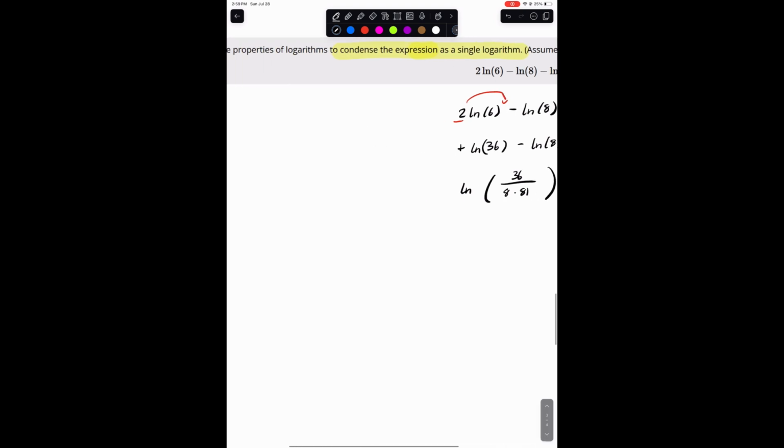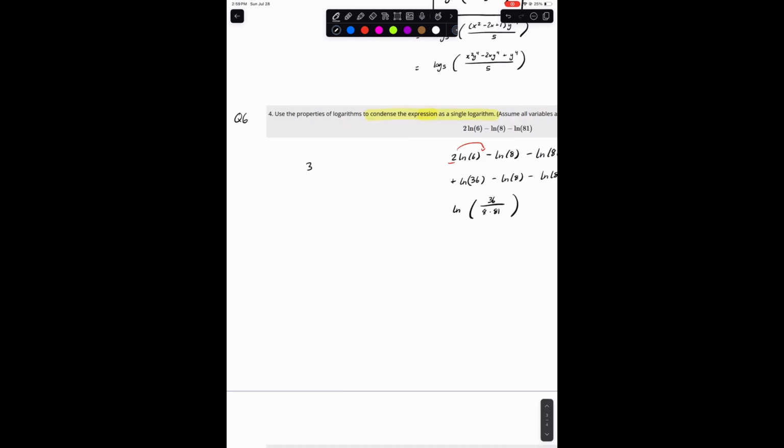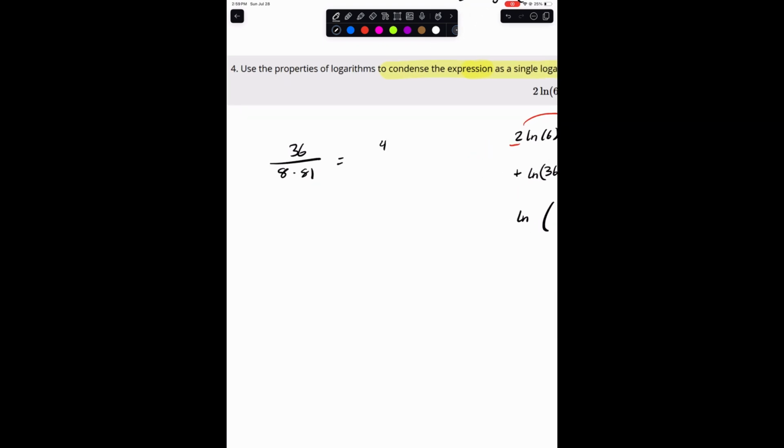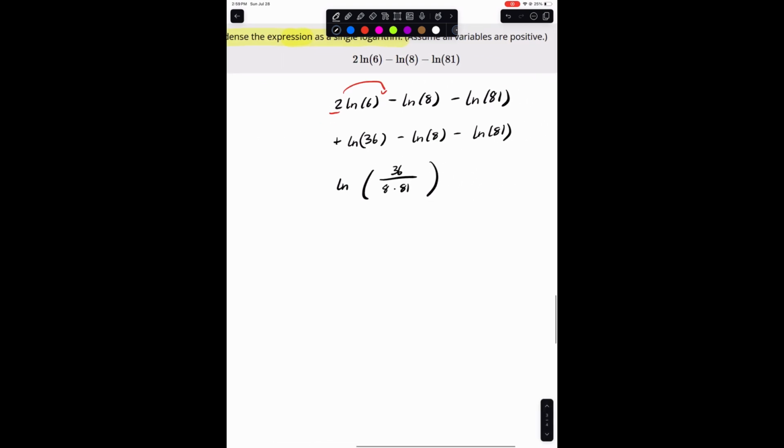And if we simplify that, let's see, divide by 9 on top and bottom, so you have 4 over 8 times 9, divide by 4 again, you get 1 over 2 times 9, it's 1 over 18, okay?